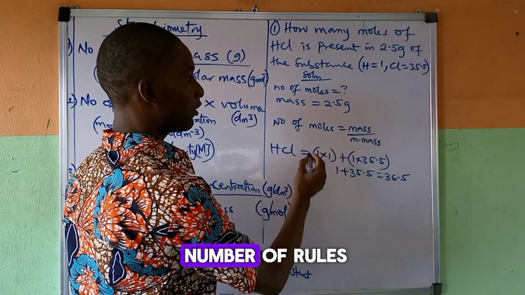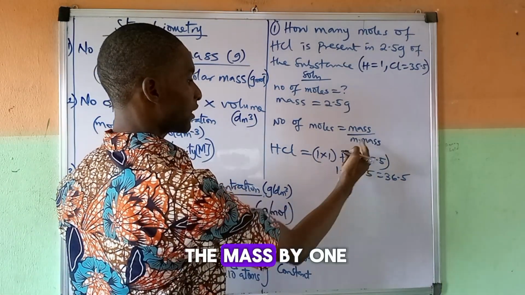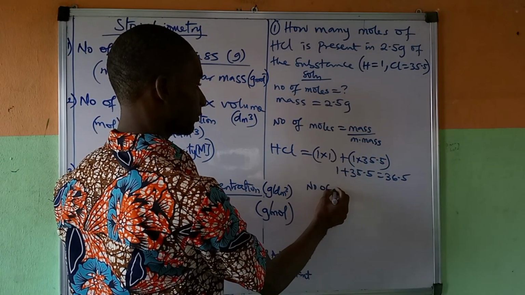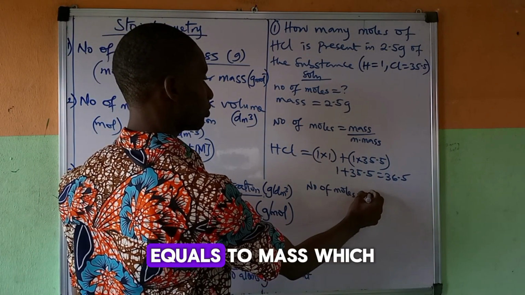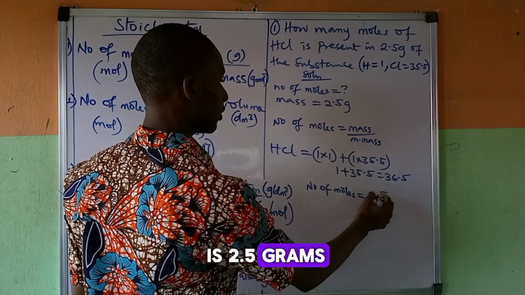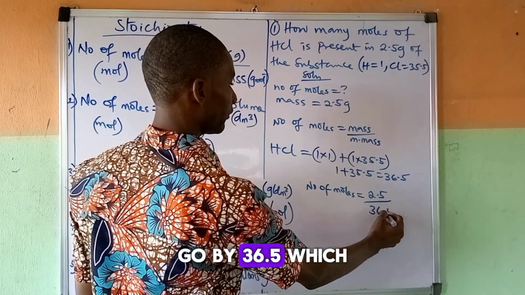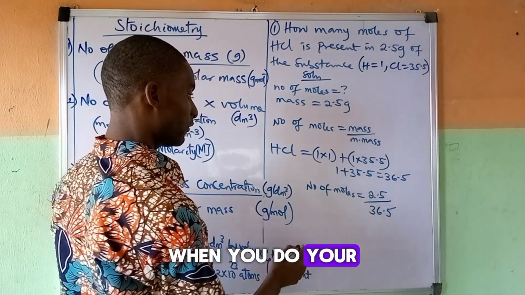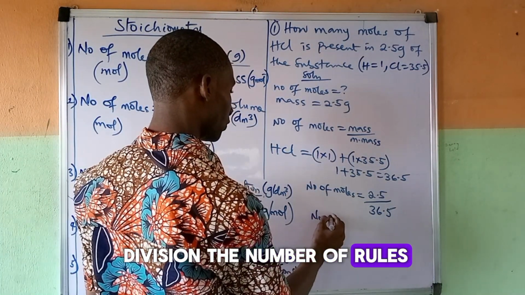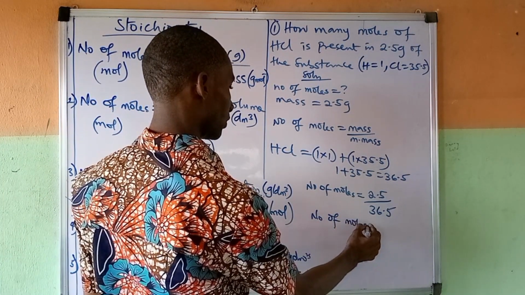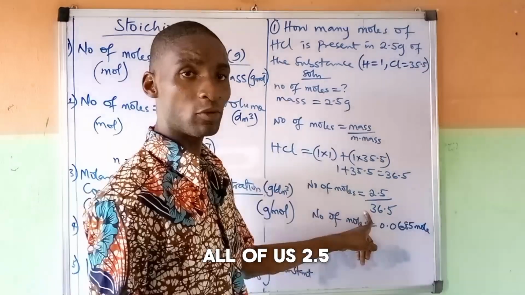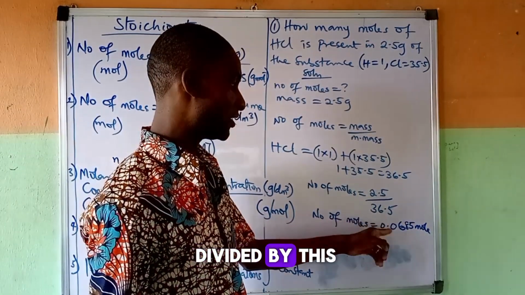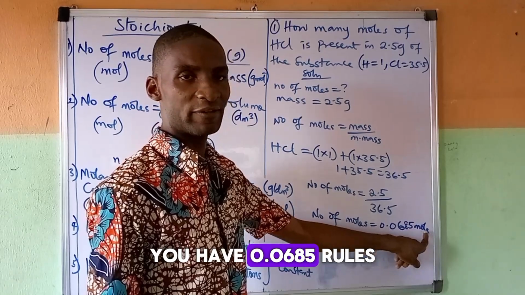To get the number of moles, all you need to do is divide the mass by molar mass. So number of moles equals mass, which is 2.5 grams, over 36.5, which is the molar mass. And when you do your division, you have 0.0685 moles.